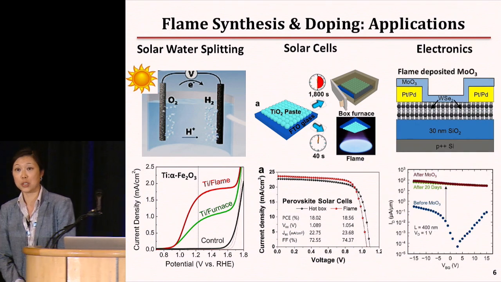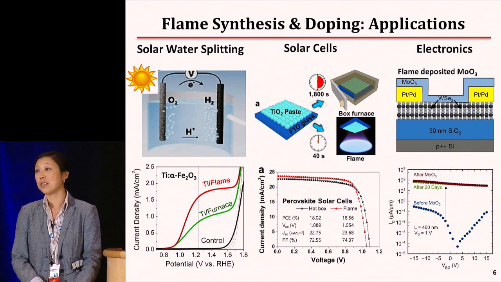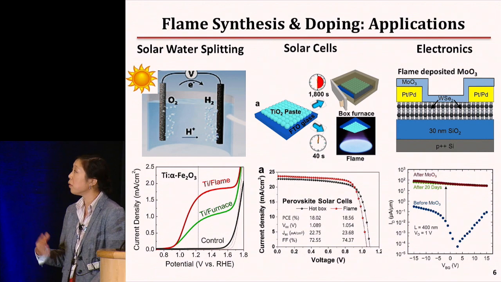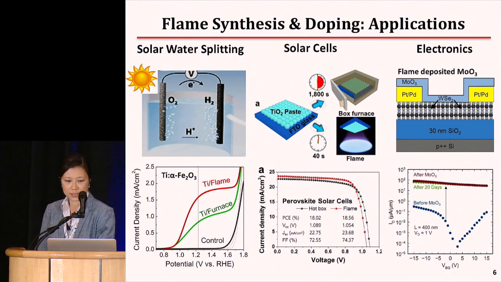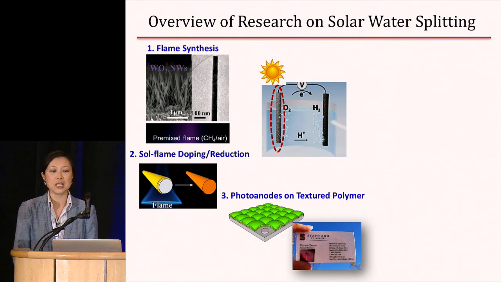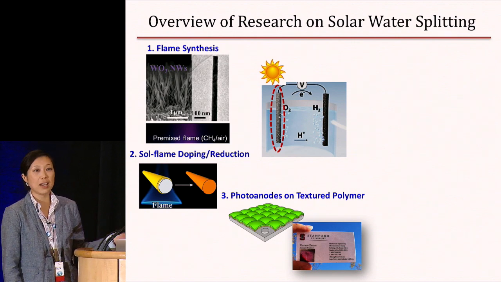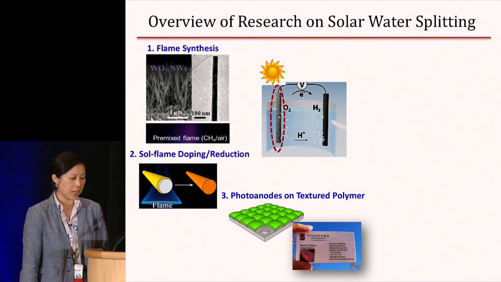Because our flame-made material is high temperature, it is high quality, and it can also serve as a very efficient hole doping material for many semiconductor devices. That led us to look at solar water splitting using our flame-made oxide or doped material. We even developed a flexible electrode for this case.